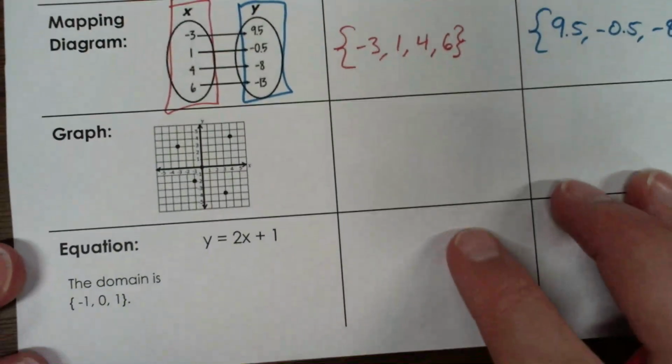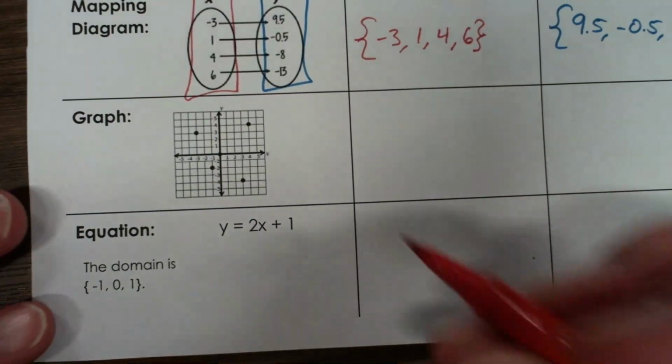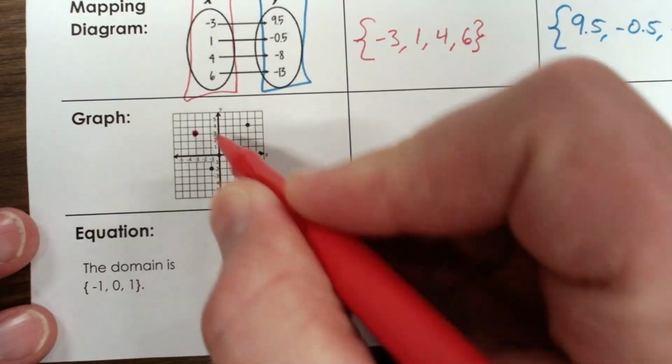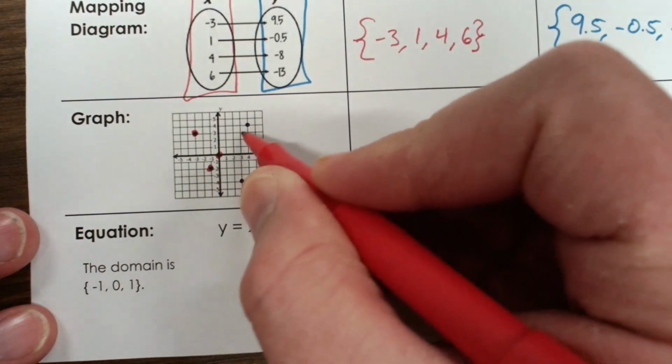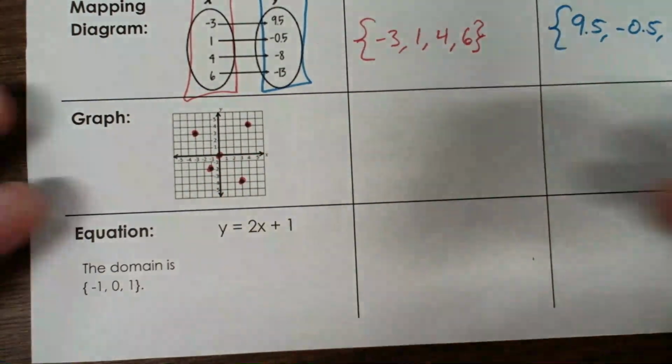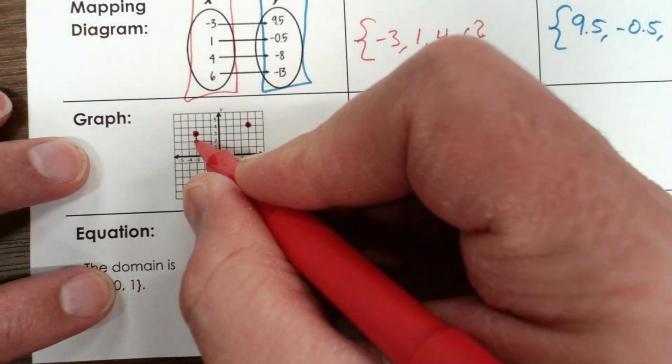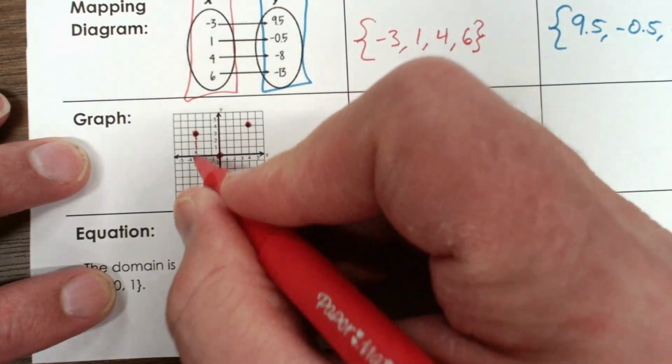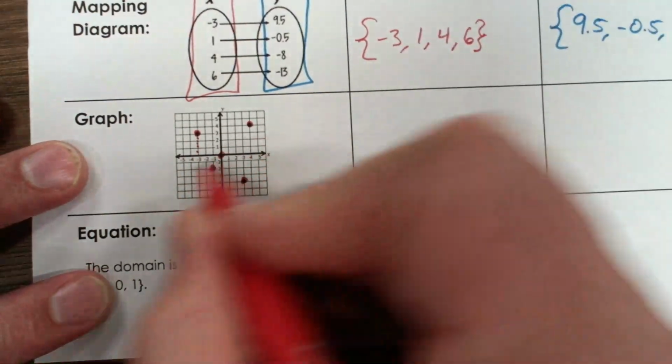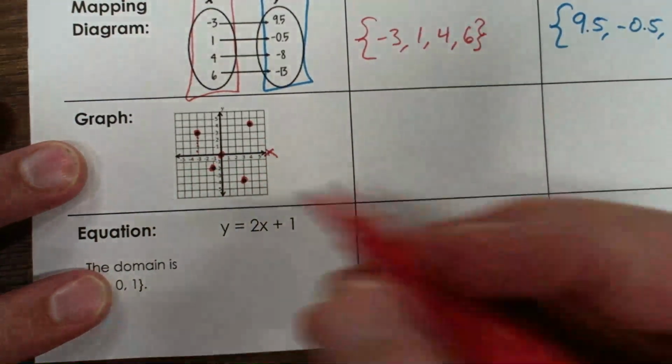On the graph might be one of the tougher versions because on the graph you have to find these points, and it looks like there's a point here, here, here, here, and here. So to find my x values, it's going down or up to hit this axis. This is my x-axis.